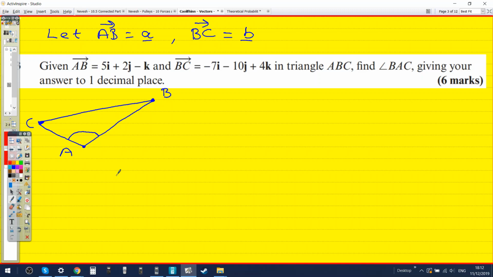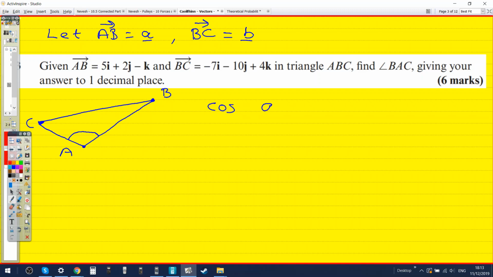Oh, so I think you were using the cos rule. Is that what you were thinking of? No, I just thought that we were going to find the magnitudes of each side. Yeah. And then I think you would use the cosine rule to find the angle. Basically, you'd have to use trig to find the angle.